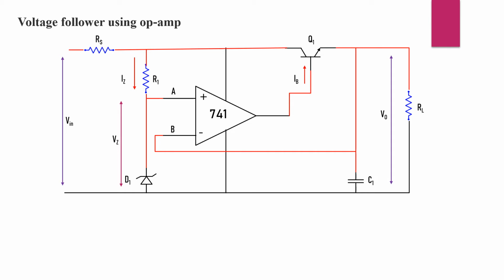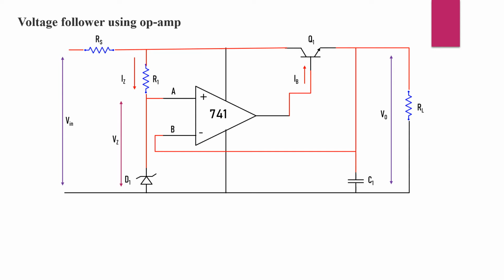The output voltage is sampled across the capacitance C1, and the control element is the series pass transistor Q1, which is the series element. We can state that this voltage follower using op-amp is a series voltage regulator.